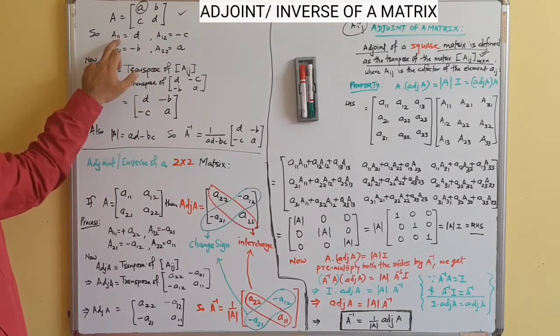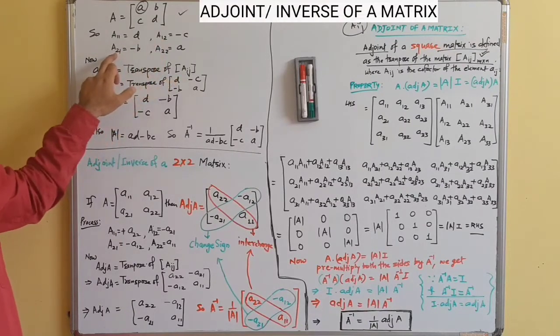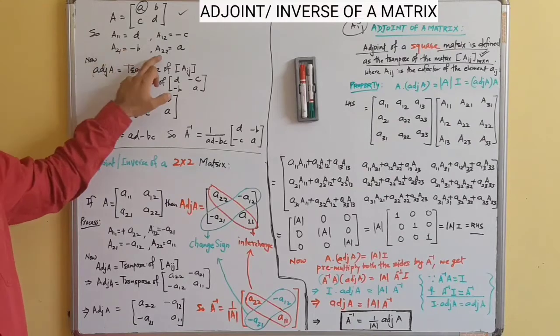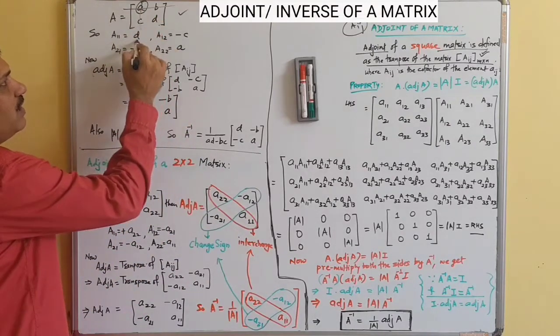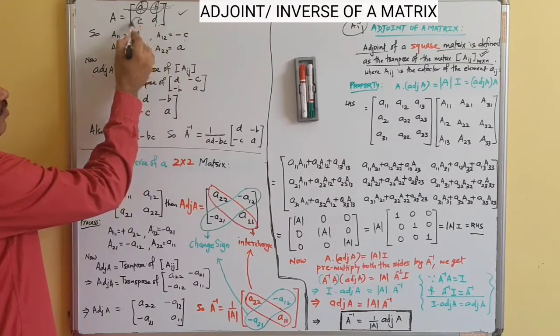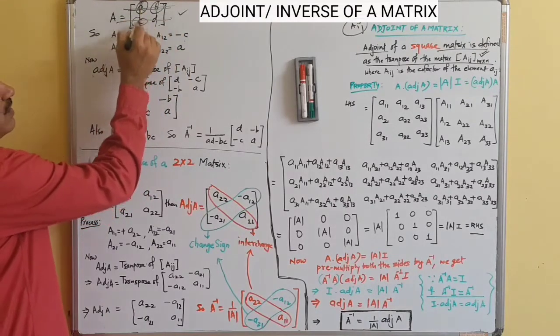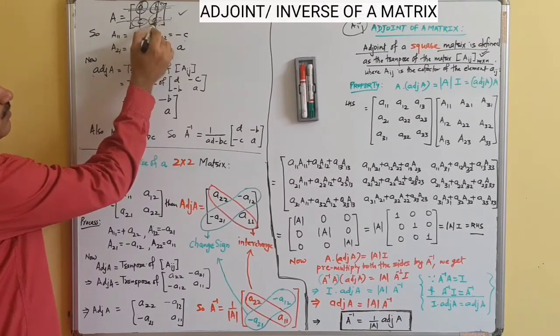For the first position it is positive; for 2 plus 1, an odd power of minus 1, it is negative. So the cofactor of a will simply be d, the cofactor of b will be minus c, the cofactor of c will be minus b, and the cofactor of d will be a.